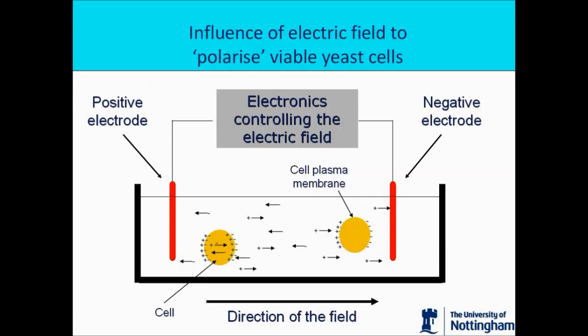And because of this non-conducting layer, those yeast cells are able to function as capacitors. So they will build up a charge, as shown, and it's possible to measure that charge. And that is the actual basis of the way that the instrument works.